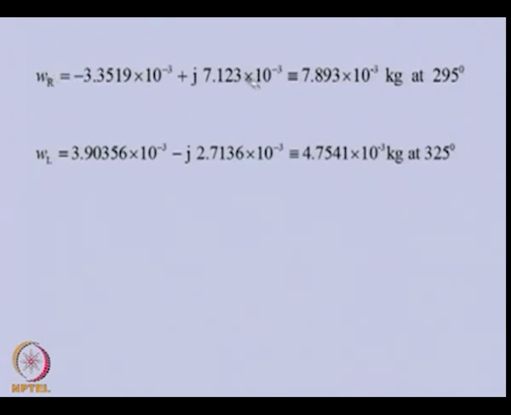Once we get this in complex form, again we can take the magnitude, that means the real part squared plus the imaginary part squared, and take the square root of that.